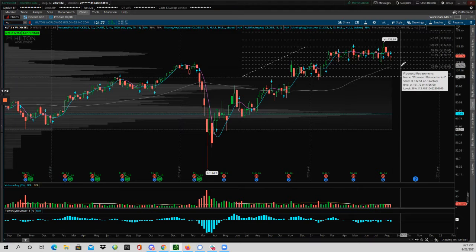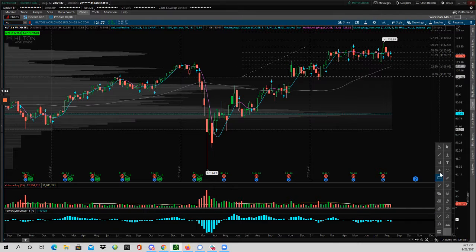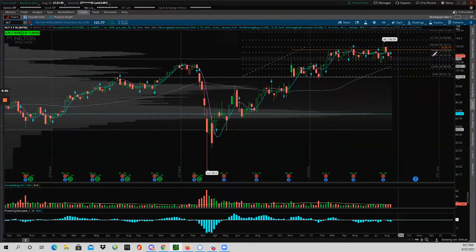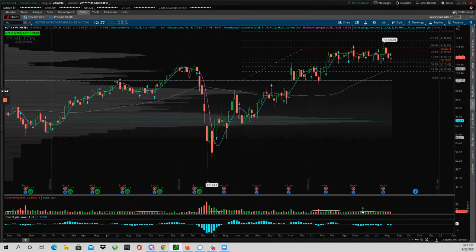What I'm really looking for is a really good break above 129.13, because my intuition is that between 118 and 129, all the big institutions will try to set up their positions, which you can see in these volume bars forming.